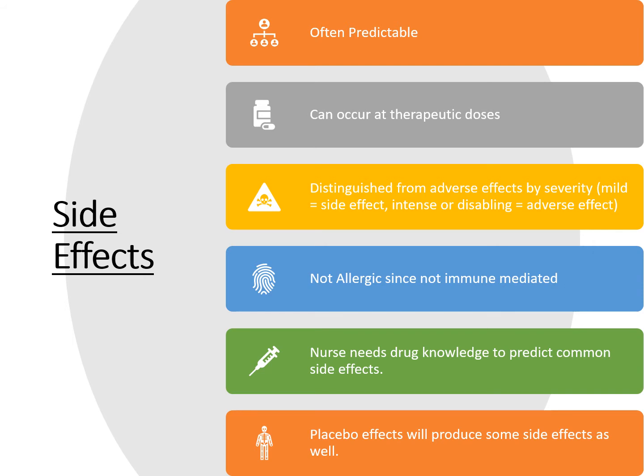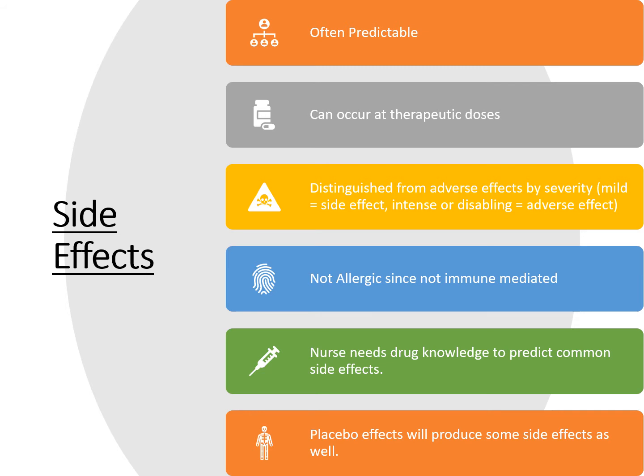Not necessarily. You may be able to adjust either the dose or just tolerate the mild diarrhea for the week. So it's a relatively mild effect compared to an adverse effect, which is much more serious and disabling to the patient. A side effect is not an allergic effect. It's not caused by the immune system compared to adverse effects, which are.